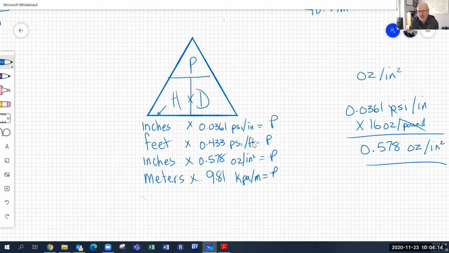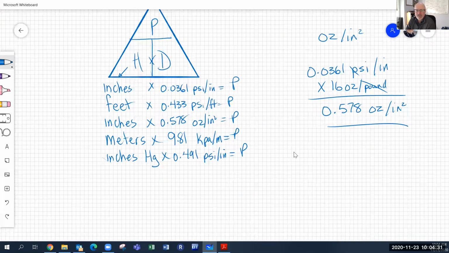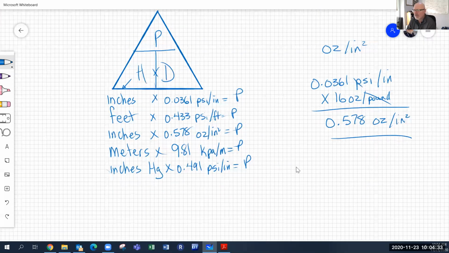If we talk about inches of mercury, we multiply by 0.491 psi per inch. So these are the numbers that you need to memorize for pressures.